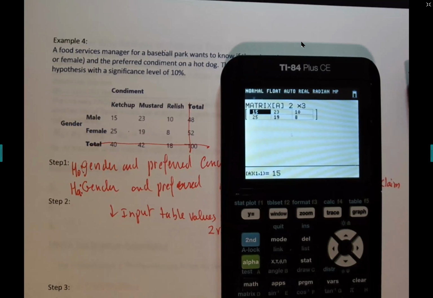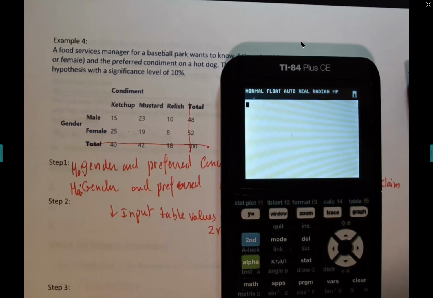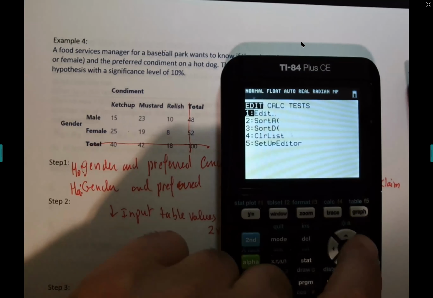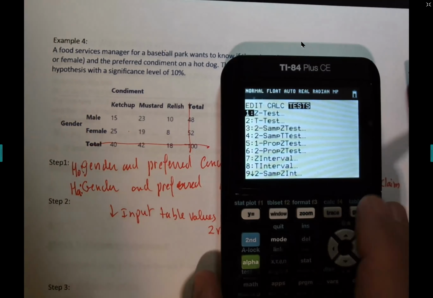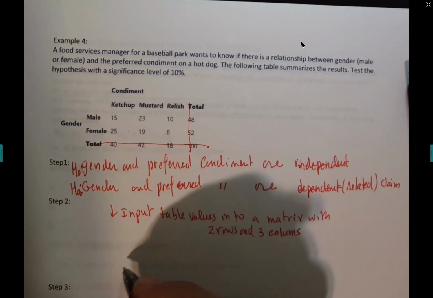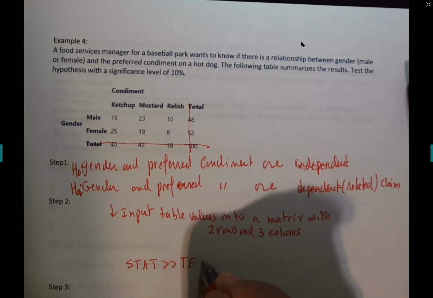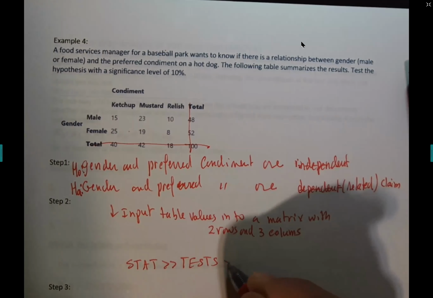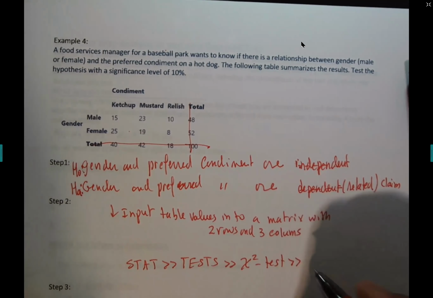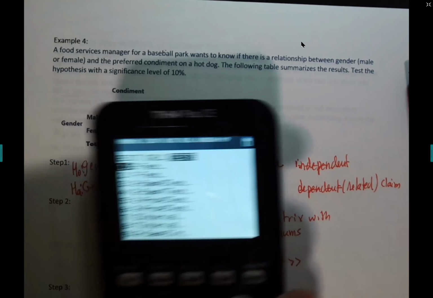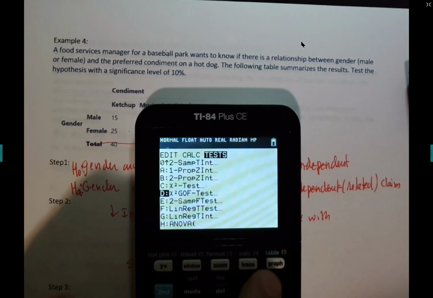That's it. I'm done. Quit. Second and quit. Then go to stat, tests, chi-square tests. And that's it. You don't do anything there other than just select the test.